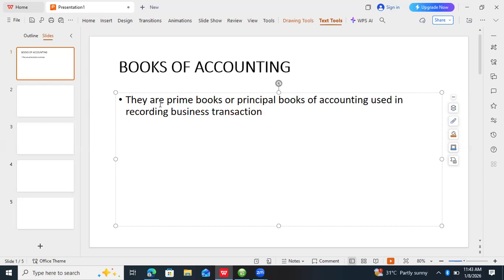So books of account or books of accounting are prime books or principal books of accounting used in recording business transactions. Now, like Clyde mentioned, they are referred to as the journals and the ledgers. So that is to say, in accounting, we have two main books of accounting.